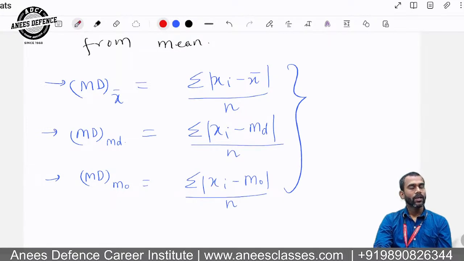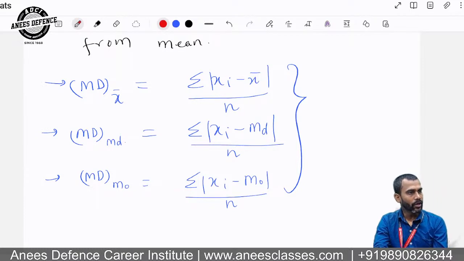And one note we have to write here. What is the note? See, if you deviate all the observations from median, the difference should be minimum. Yes or no? Because if you take any other value, the difference may be more. But from the middle one, the difference should be lesser. Why?